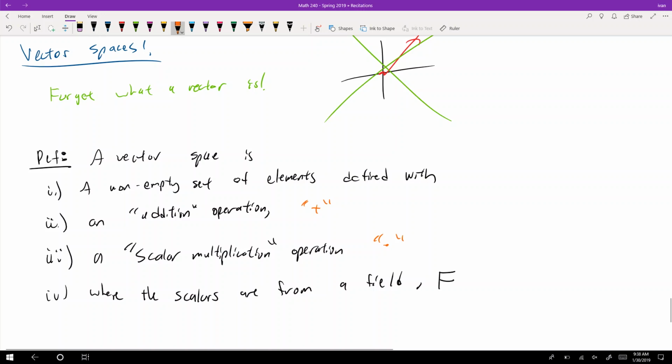And so we usually refer to this field. This is usually R, which are the real numbers, or C, which are the complex numbers. Okay?